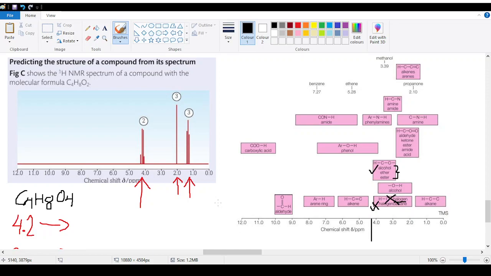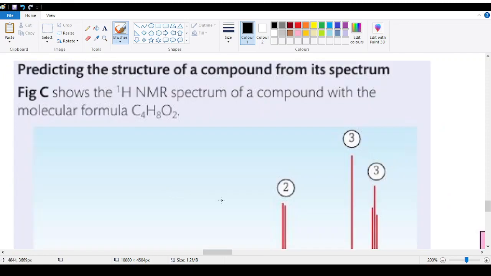That means the hydrogen that we are dealing with here must be responsible for the OH group. And consider this splitting pattern.